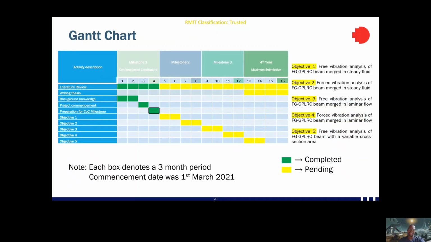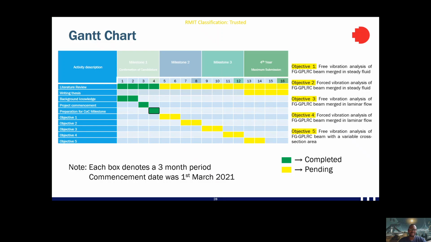And so putting the technical aspect aside, this is a brief description of the timeline. The literature review will be an ongoing process, and I plan on starting the thesis after the third milestone. The first 6 months of this research was spent collecting background knowledge, and then I began focusing on this research around August last year.